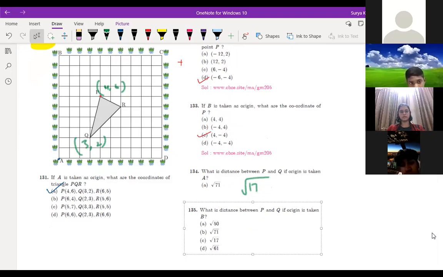So this will also be root 17. Root 17 only. P and Q, origin is B.